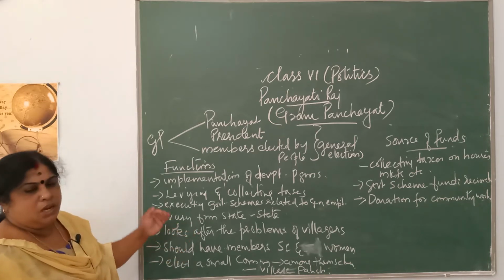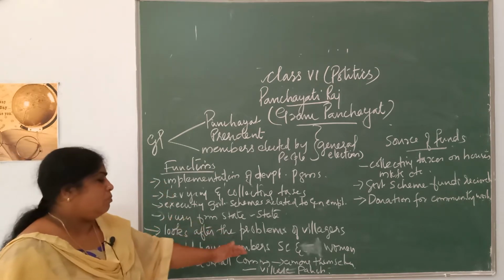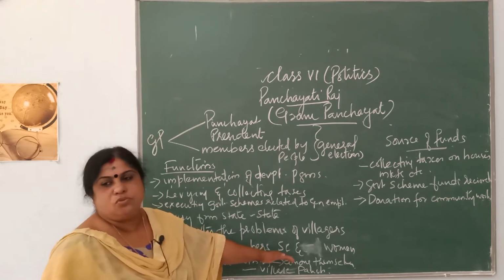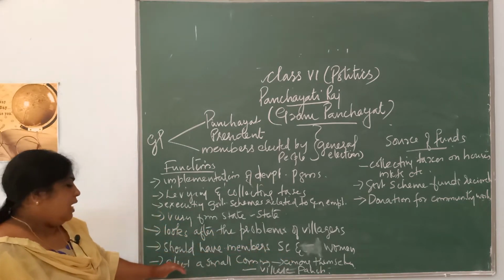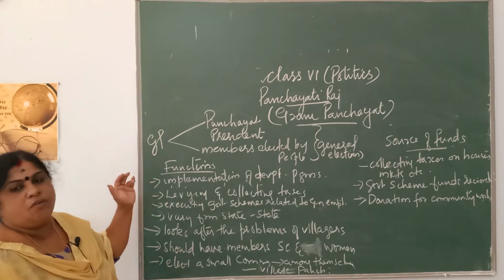Now in a Grama Panchayat, it is compulsory that there should be members belonging to scheduled caste and women. If there are no such members, two will be appointed by the government itself. So these are some of the important functions of Grama Panchayat.